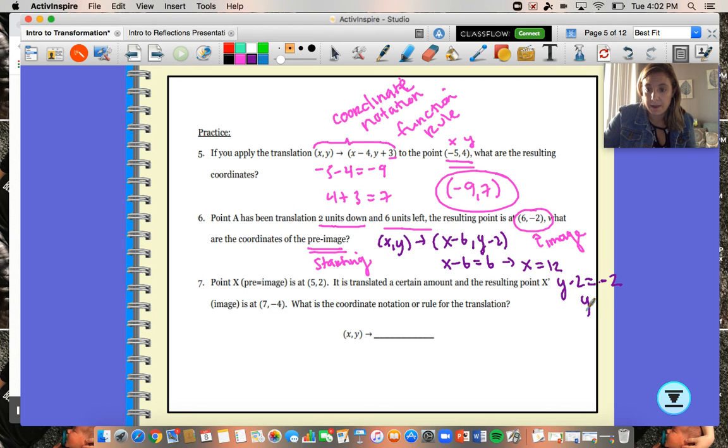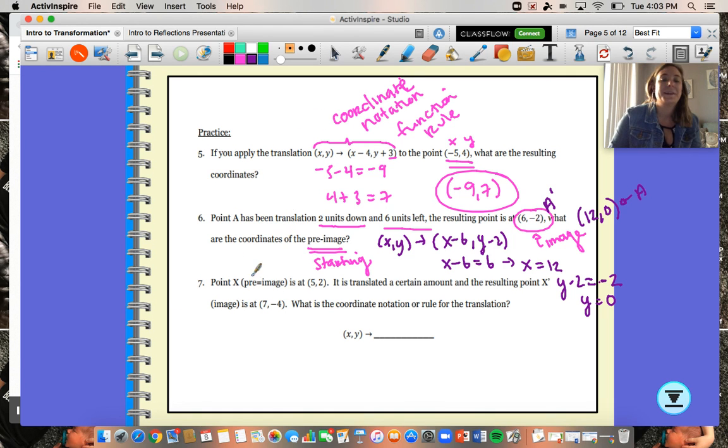So y must be -2 plus 2 is 0. So the original point, the pre-image, must have been 12, 0. So this would actually be point A. This would be what we refer to as A prime. That notation indicates that it underwent a transformation. That's the new one. That's the result. Primes. Maybe that's something you're familiar with.